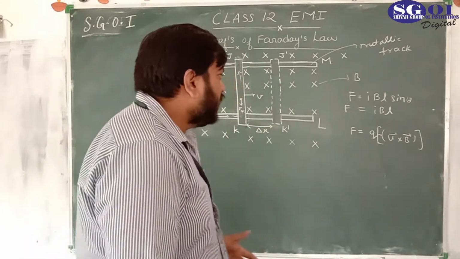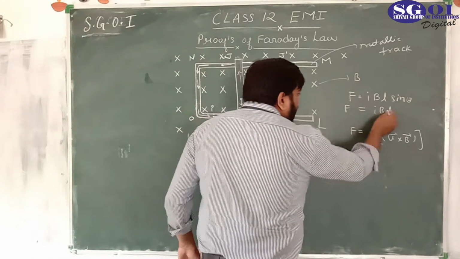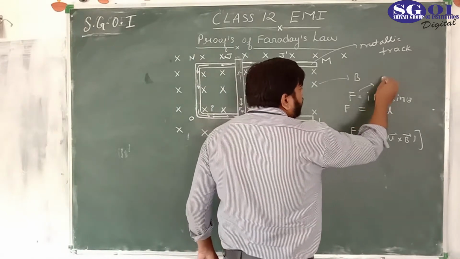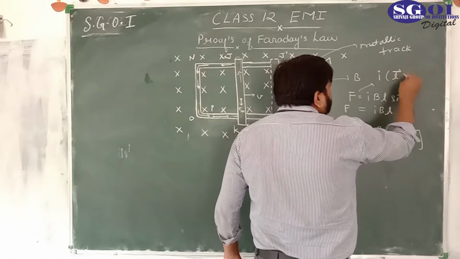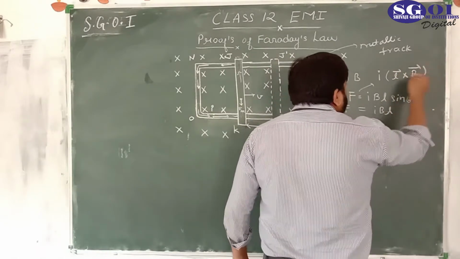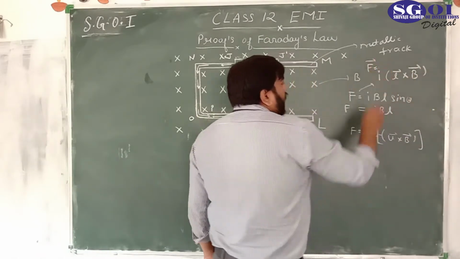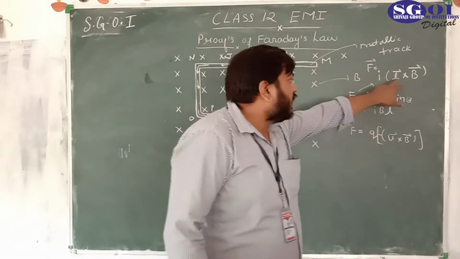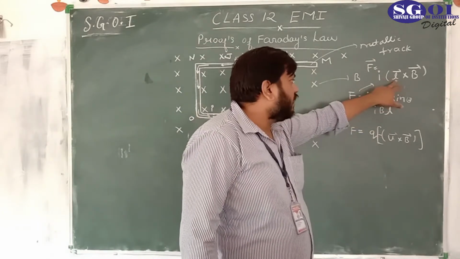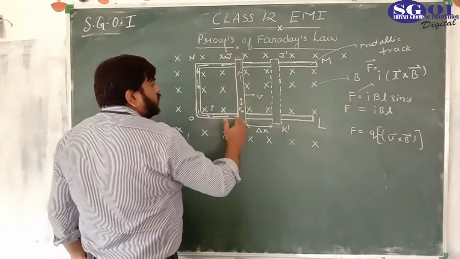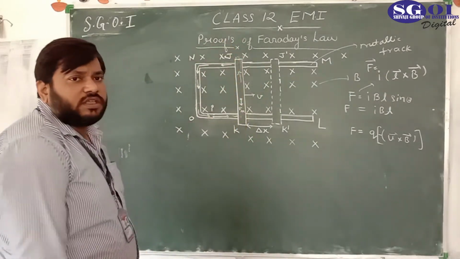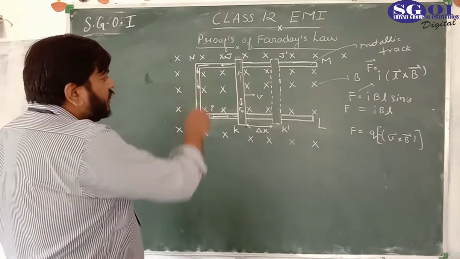We can also write this in vector form: F vector equals I L cross B. The direction of the L vector is in the direction of the current. The current is in the upward direction, so the L vector is also upward, and the magnetic field is in the inward direction.